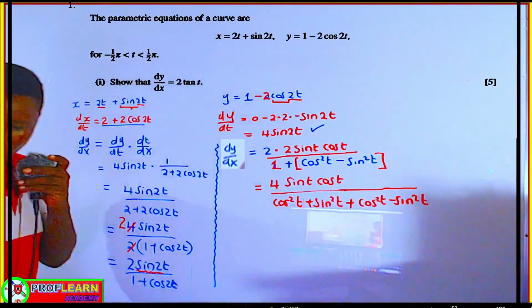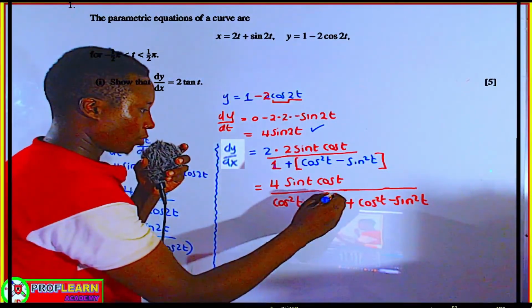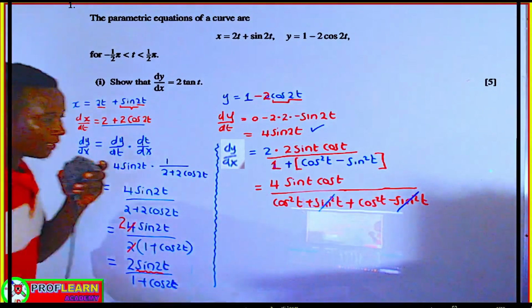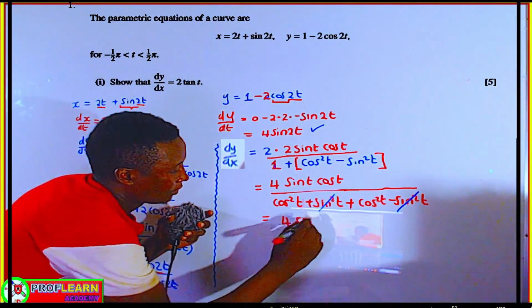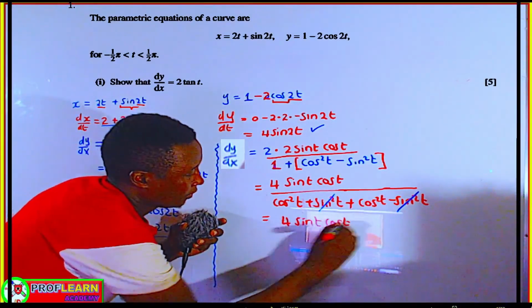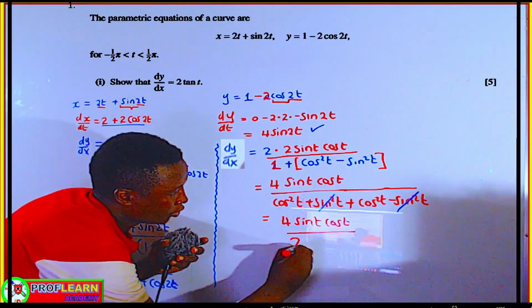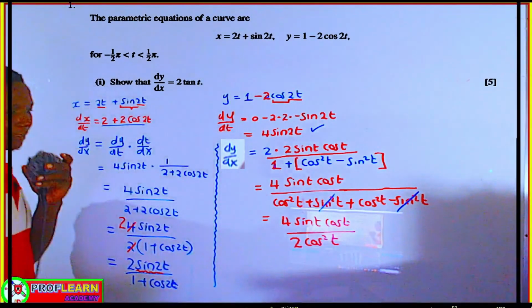So the reason as to why we took that step is to ensure that we can cancel this and this, and then we end up having 4 sine t cos t over 2 cos squared t.